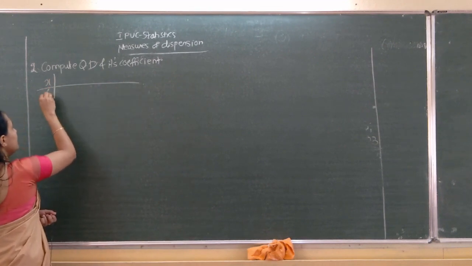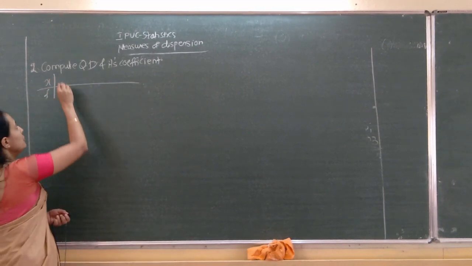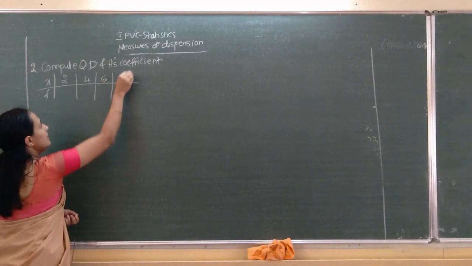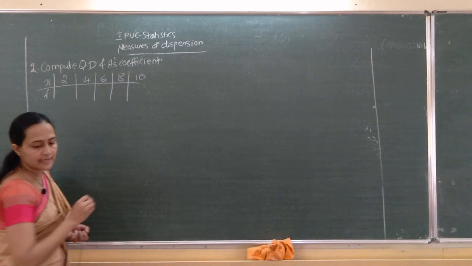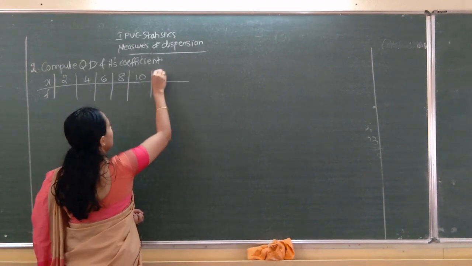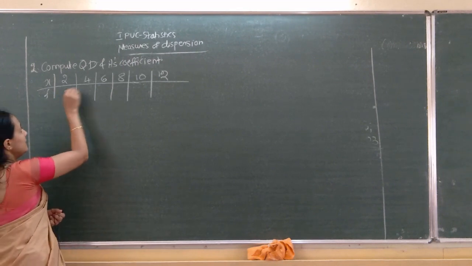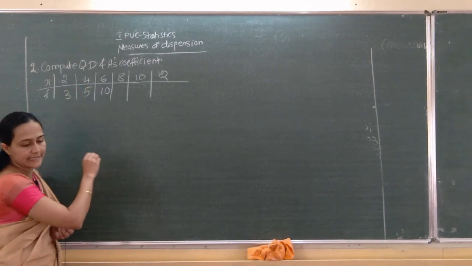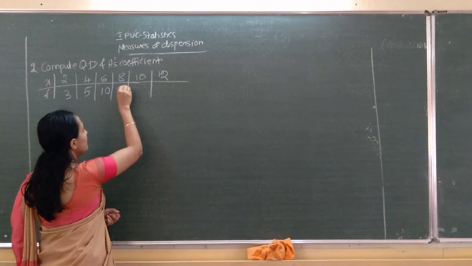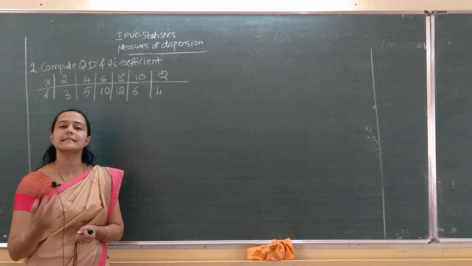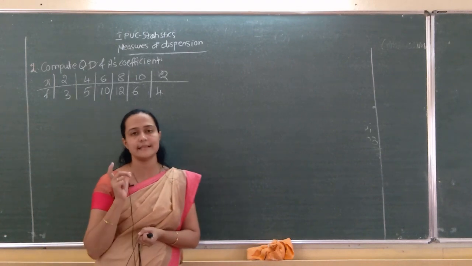X is 2, 4, 6, 8, 10, 12, and f is 3, 5, 10, 12, 6, 4. See, this is the second case when a discrete series is given.